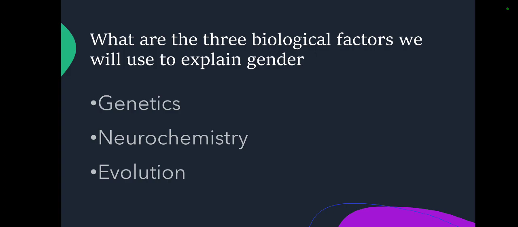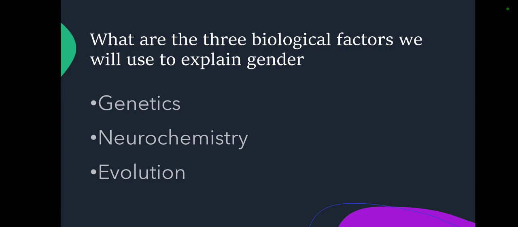When it comes to the biological explanation of gender, there are 3 different factors that we're going to consider. We're going to consider the role of genetics and how that plays an important role in the development of biological sex, not necessarily gender identity in the first instance, but biological sex certainly.